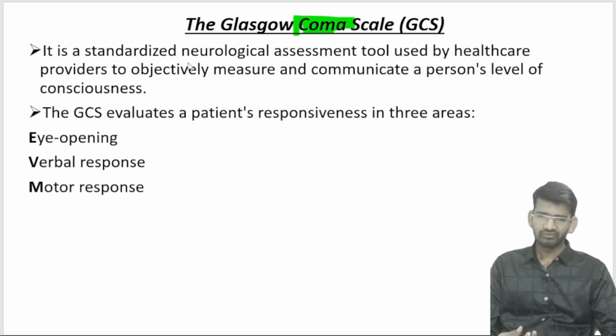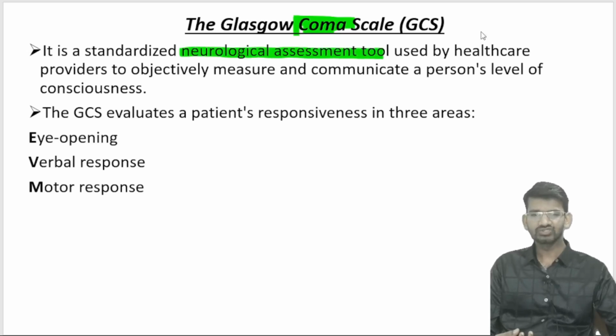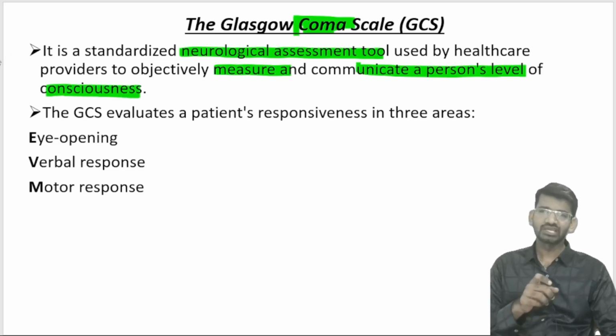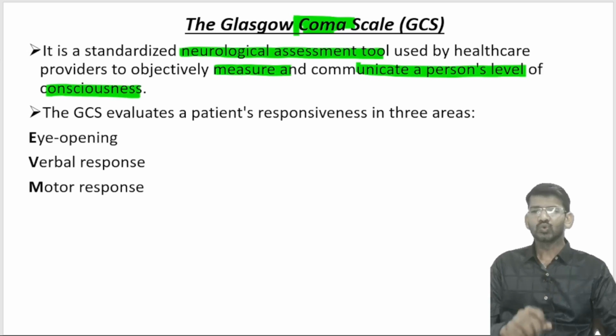If you look at the definition of the Glasgow Coma Scale, it is a standardized neurological assessment tool used by healthcare providers to objectively measure and communicate the patient's level of consciousness. Remember, the Glasgow Coma Scale is majorly done to assess the level of consciousness, LOC.